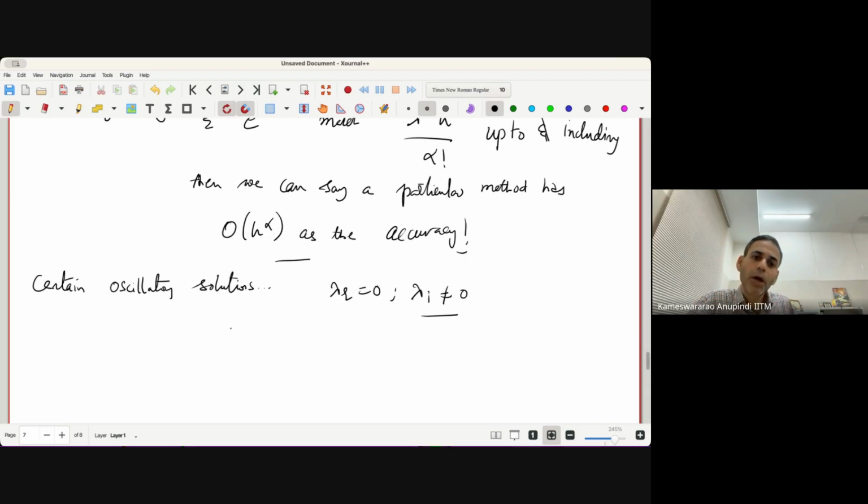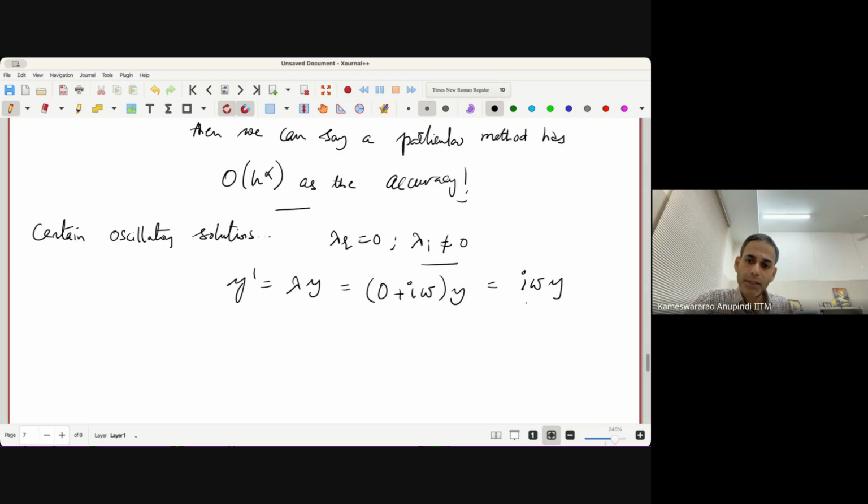And then let us say there is only an imaginary value that is not equal to 0. That means we are looking at a problem y prime equals lambda y, in which case lambda R is 0 and lambda I is non-zero. Let us call this lambda I as some omega. That means we have 0 plus i times omega times y, so I have i omega y as the right hand side.